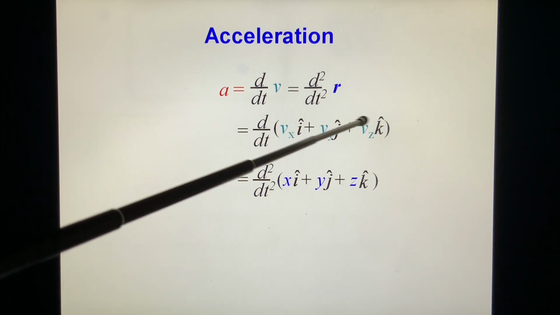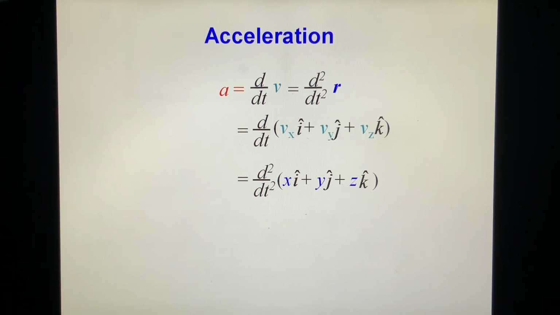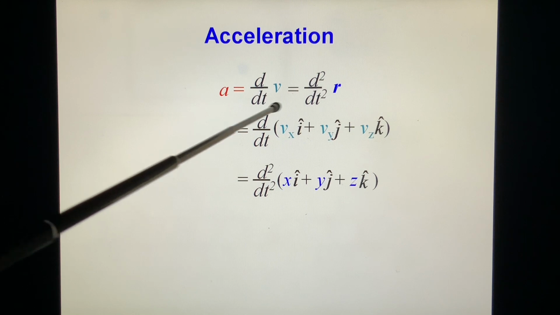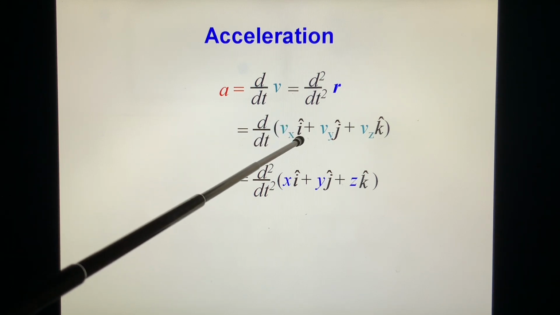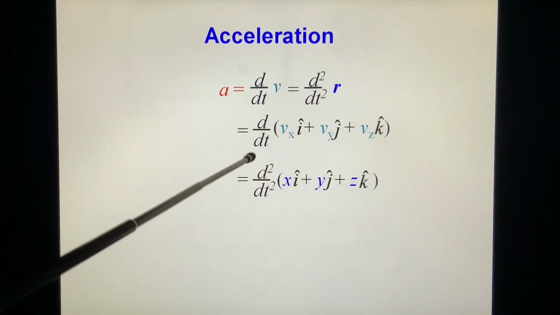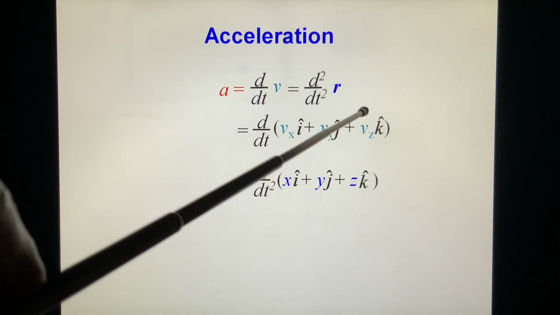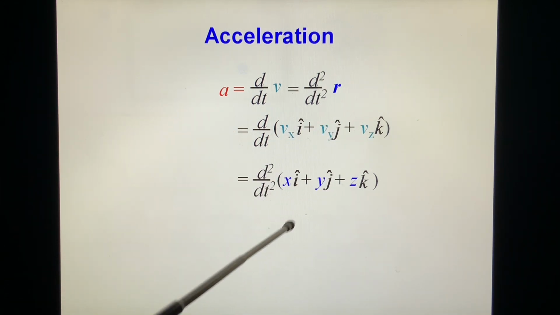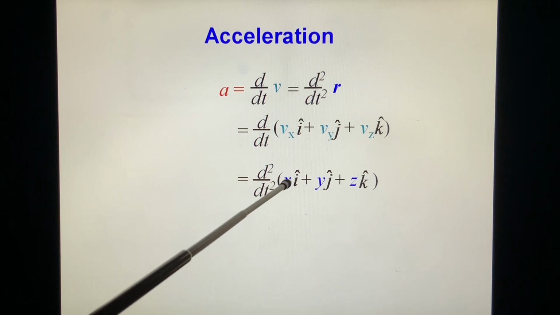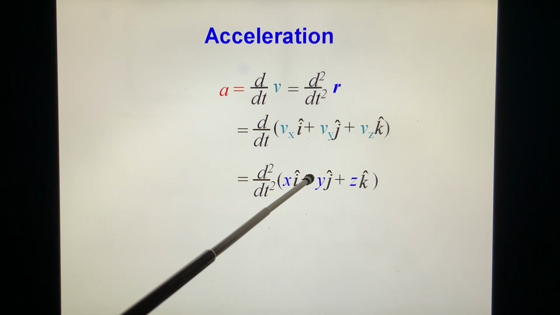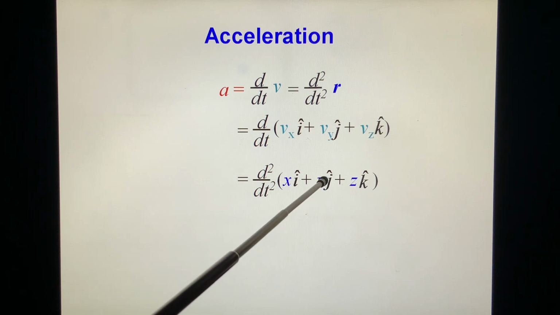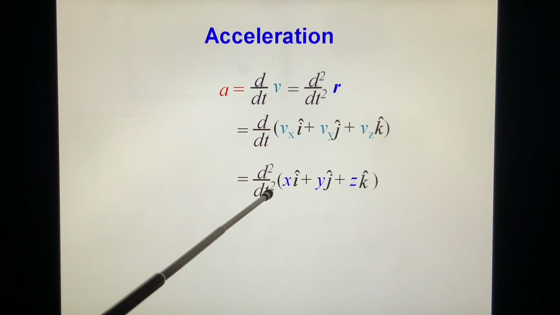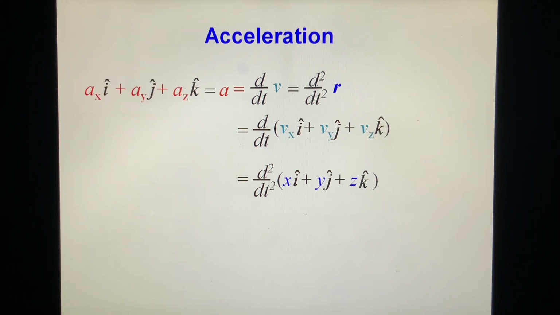And we know i, j, k are constant. So this actually is dvx/dt i plus dvy/dt j plus dvz/dt k. And here is the second derivative of x with respect to time t i plus the second derivative of y with respect to time t j, and so on. And a itself is a vector. It has 3 components, ax i plus ay j plus az k.